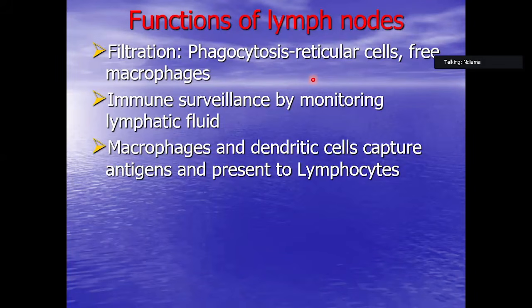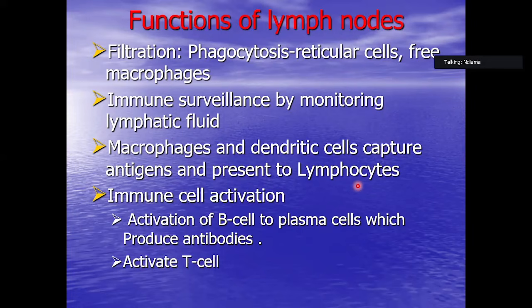So most of these contain macrophages and dendritic cells, which capture the antigen and present it to the T lymphocytes. Within the lymph nodes, we also have the T helper cells, which help in the maturation of the T lymphocytes, just like what we had mentioned in the case of the spleen.